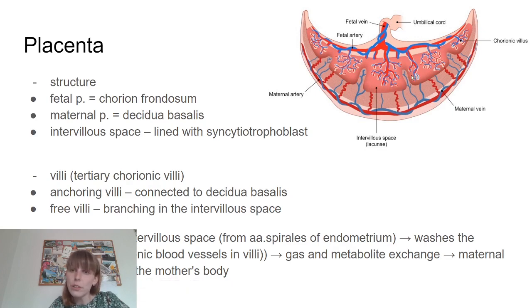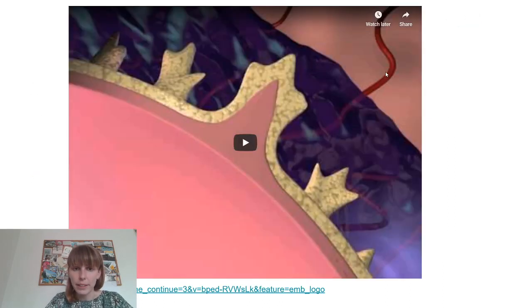It comes to the intervillous space of the placenta, and then the metabolites and the gas have to cross the wall of the villi and get into the bloodstream of the embryo, and vice versa. So when the embryo has already used the oxygen and the metabolites, the blood comes via the blood supply back to the placenta from the fetus, and the gases and metabolites will cross this barrier once again.